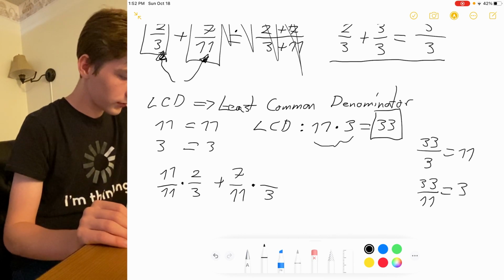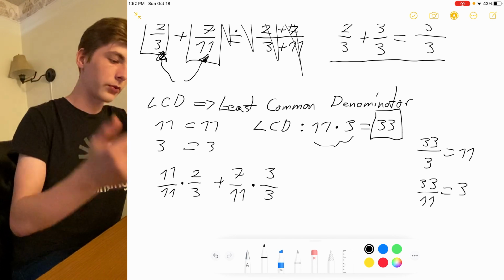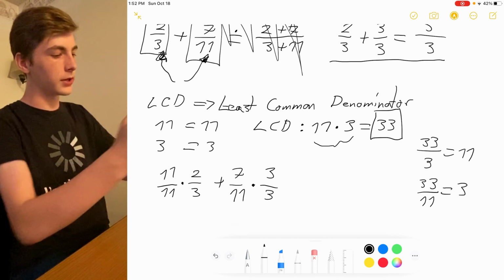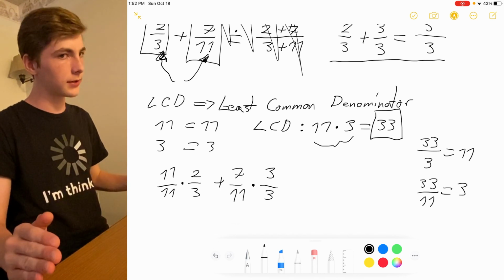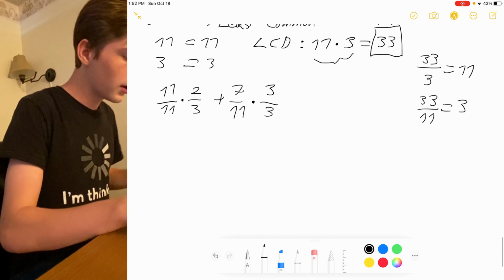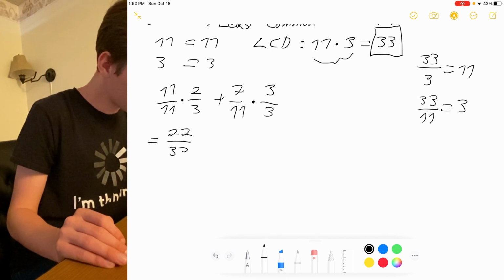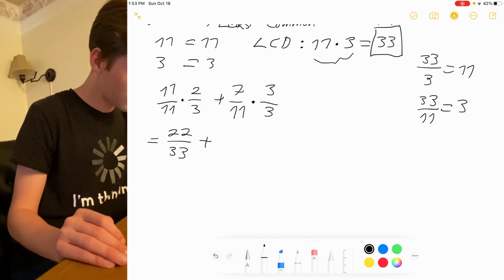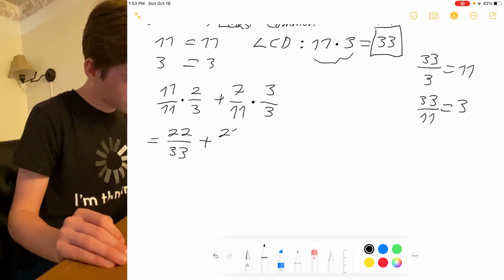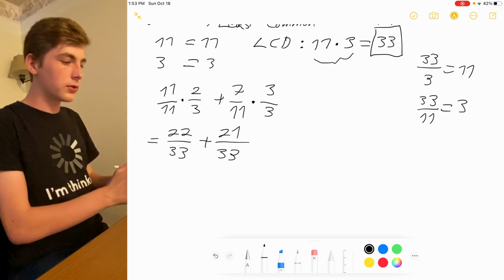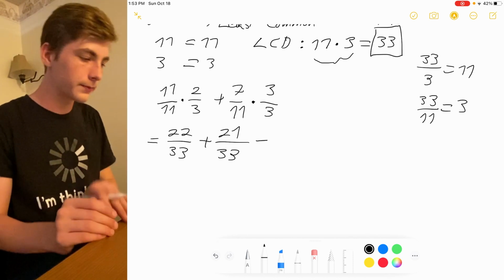So over here, we're going to multiply by 3, and same thing, the 3 has to be on both the top and the bottom for this to be equal to 1, so that we're not changing the identities of the fractions. And so now this becomes 22 over 33, and this becomes 7 times 3 is 21 over 33. Now we have 22 over 33 plus 21 over 33.